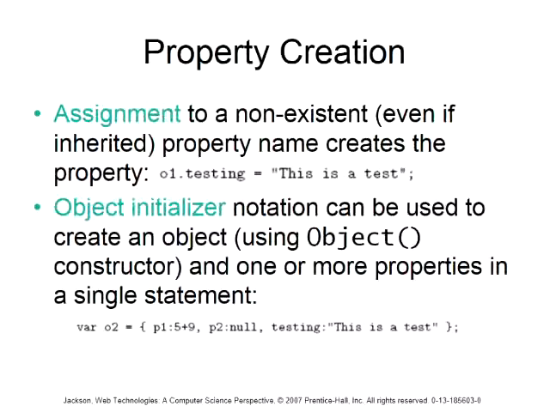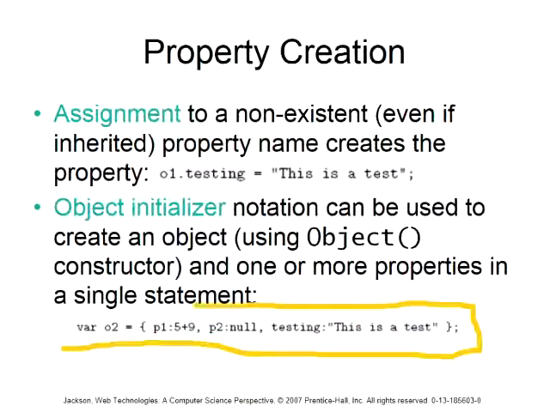We can create an object in another manner, like this. An object can be created by using new Object. Also, an object can be created by using an object initializer, like this.